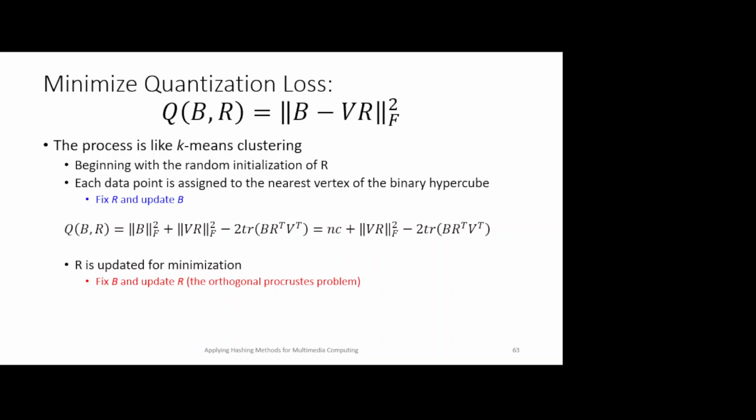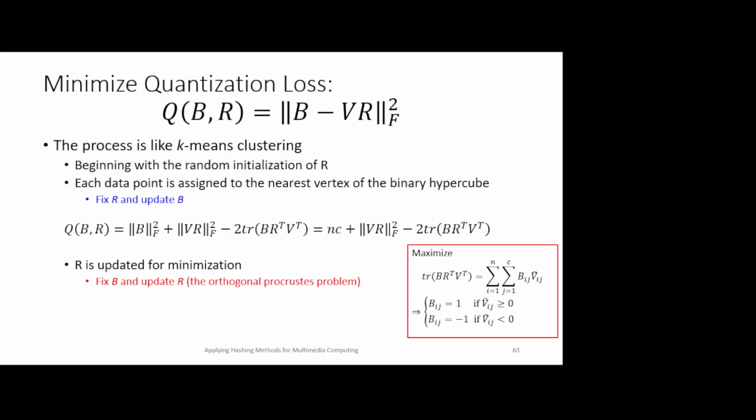The only key component is this trace term with B. We want to update B according to this equation. This is the only component we can optimize.